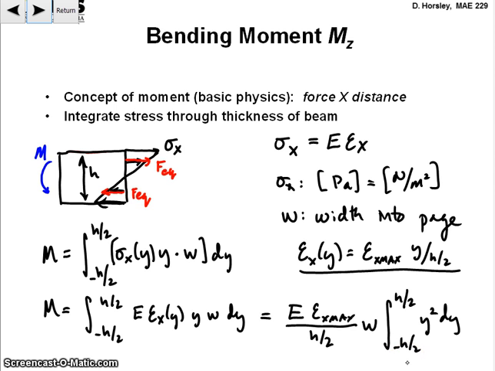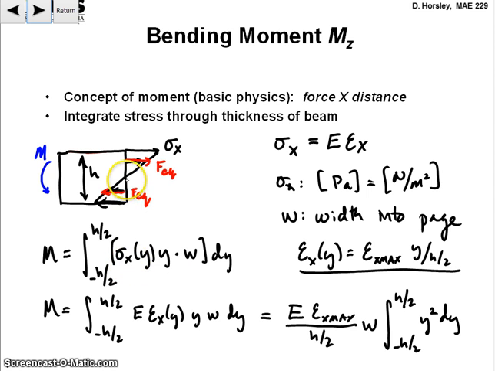And where did this all come from? It came from the idea that I integrated the stress over this surface from minus h over 2 to plus h over 2, times the moment arm.